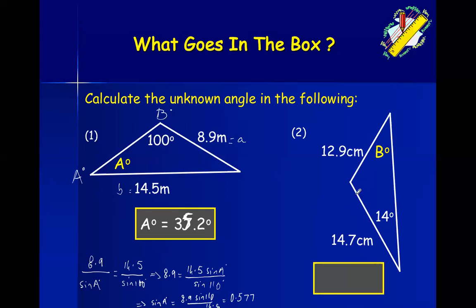Next. So I've got B, which is my angle that I'm looking for. This is small b. I'm going to call that A, and that's small a. So same exercise.